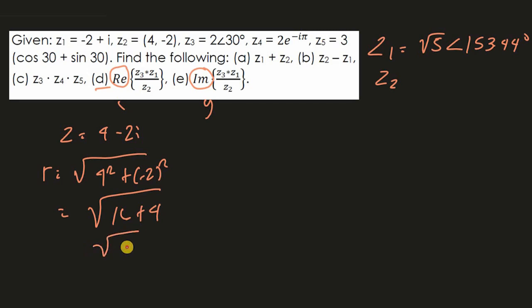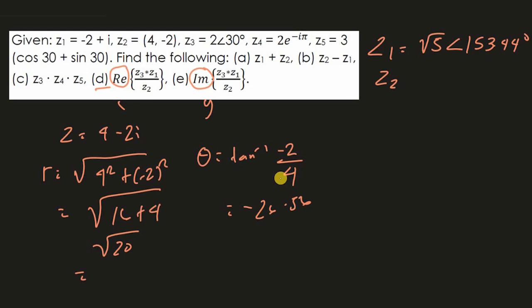So that would be square root of 20. Next is to solve for our theta. That's arctan of y, which is negative 2, over 4. That's also same as negative 1/2. So solving for that, shift tan negative 2 over 4, that will be equal to the same negative 26.56.